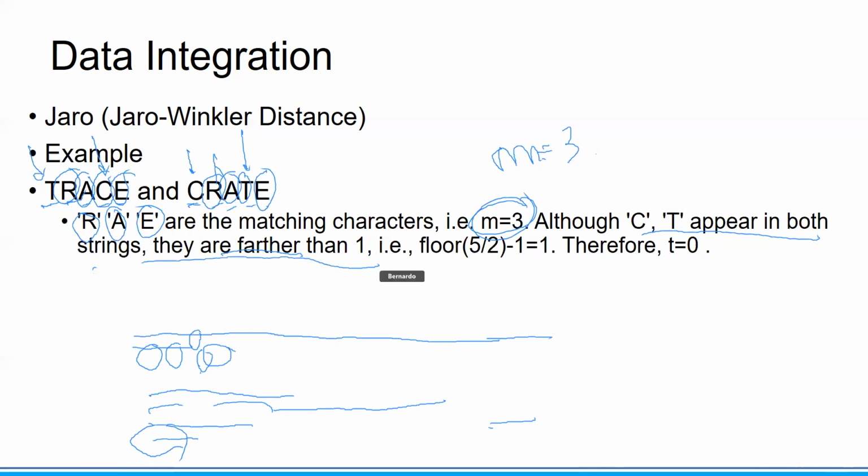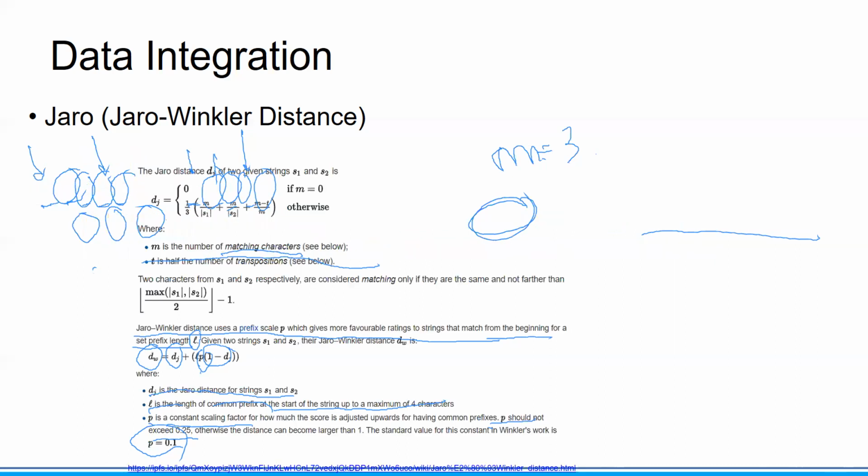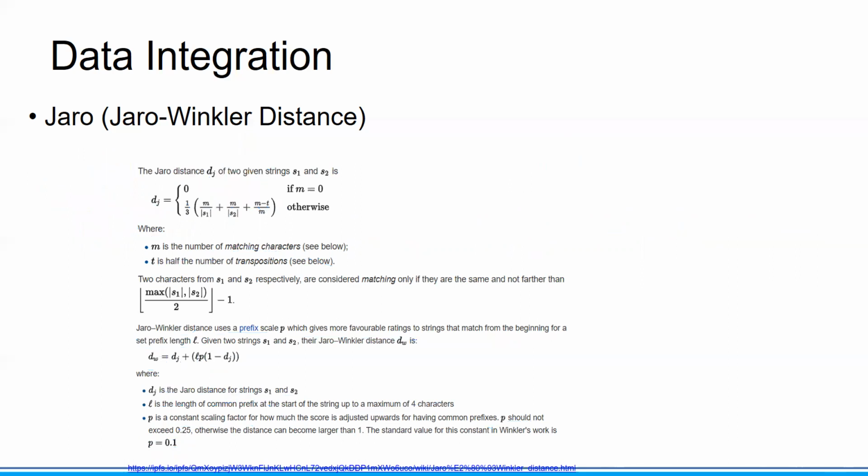So if we have this formula, because they are farther than 1, we can put t equals 0, because T and C are different in position.